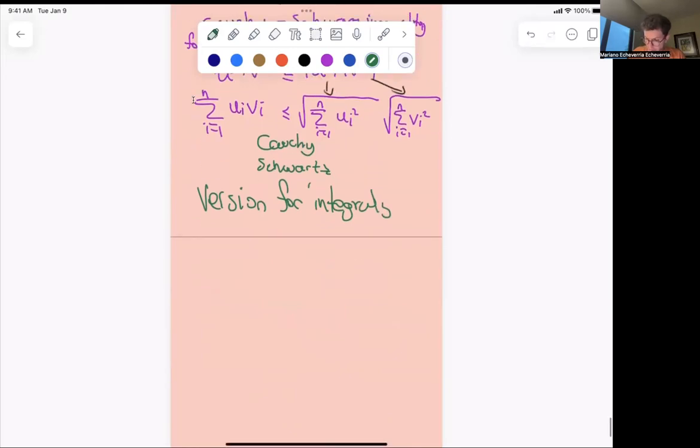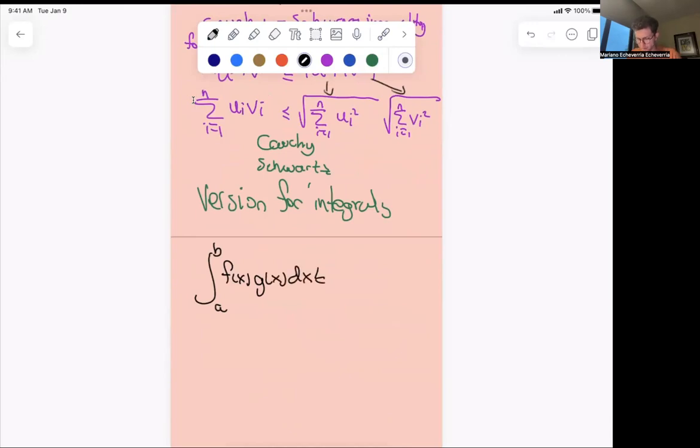The analog of a sum is an integral. So if you have two functions, you could put them from a to b, or it could go from minus infinity to infinity. You just have to make sure that all the integrals make sense.